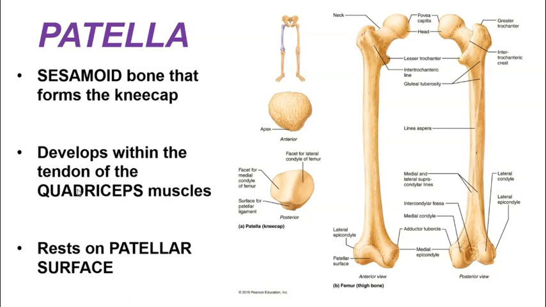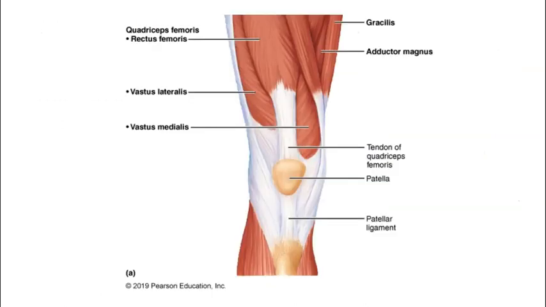The patella specifically develops from a set of tendons of the quadriceps femoris muscle group, which is a large four-piece muscle group on the anterior part of the thigh, and it crosses the anterior part of the knee joint. The patella itself rests on the smooth patellar surface that we see on the anterior part of the distal end of the femur.